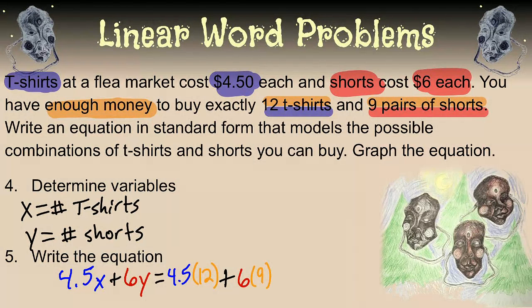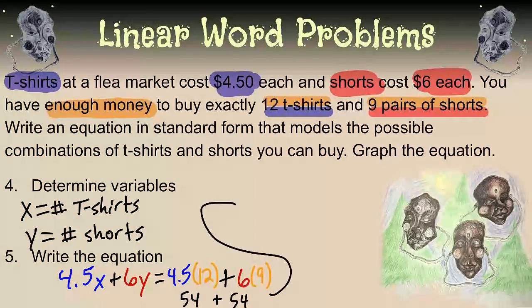All right. So 4.5 times 12 is 54. So this is 54. Plus 6 times 9 is also 54.